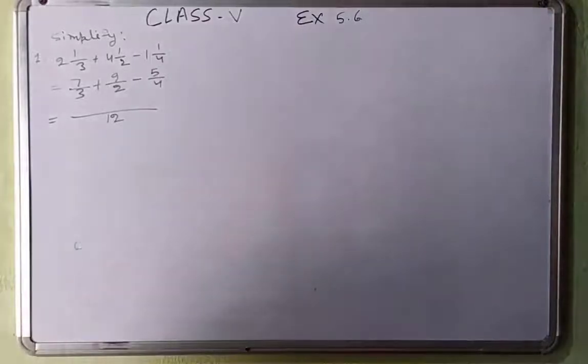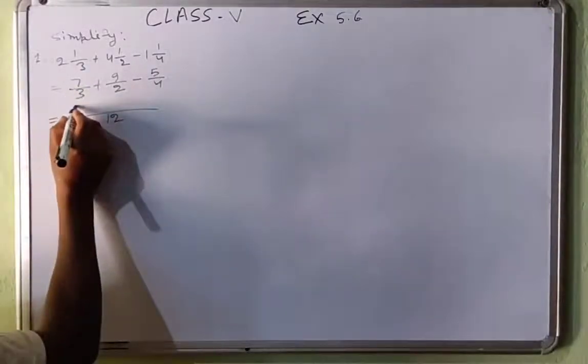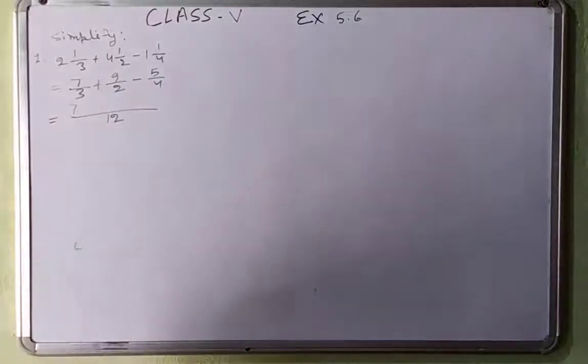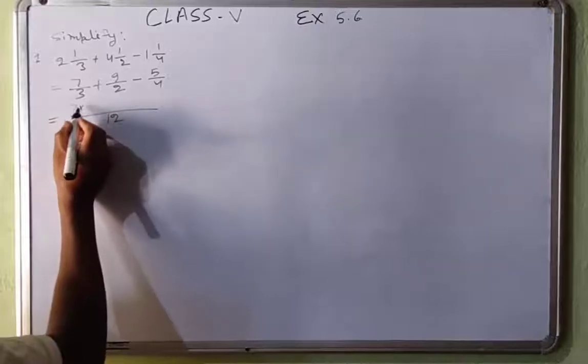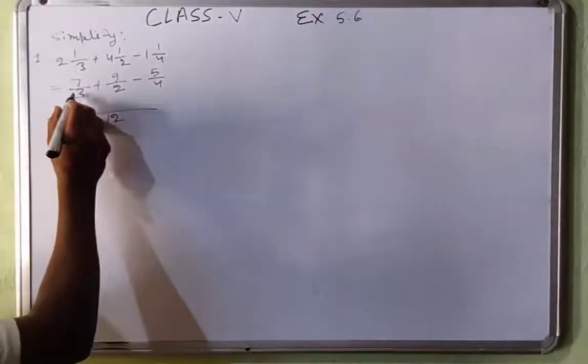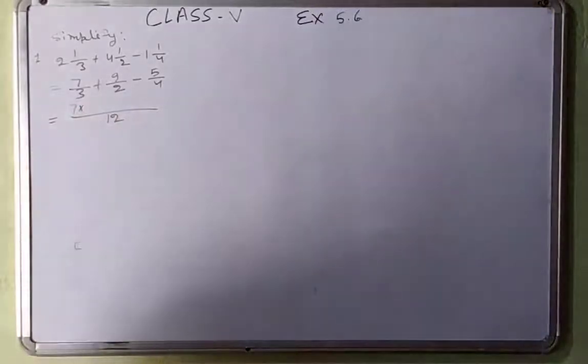Now how will you do it? First of all you write the 7, then multiply, and read the table of 3 up to 12.